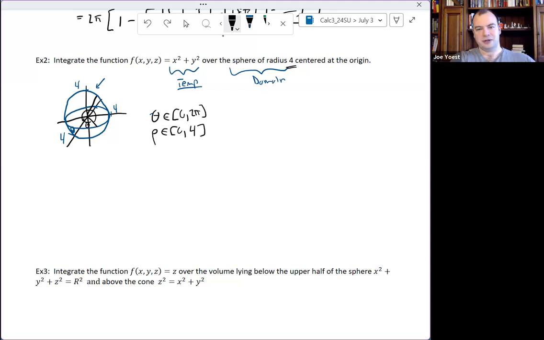Well, if theta is going from 0 to 2 pi, it's taking something and wrapping it all the way around. It's revolving it all the way around the z-axis. So to make a sphere, I don't want to revolve a circle completely around the z-axis like this, 2 pi radians.